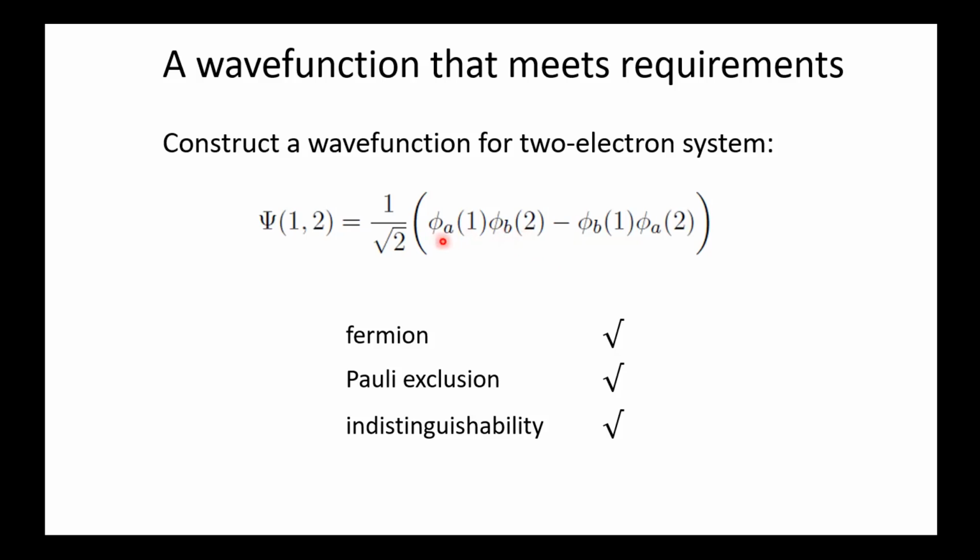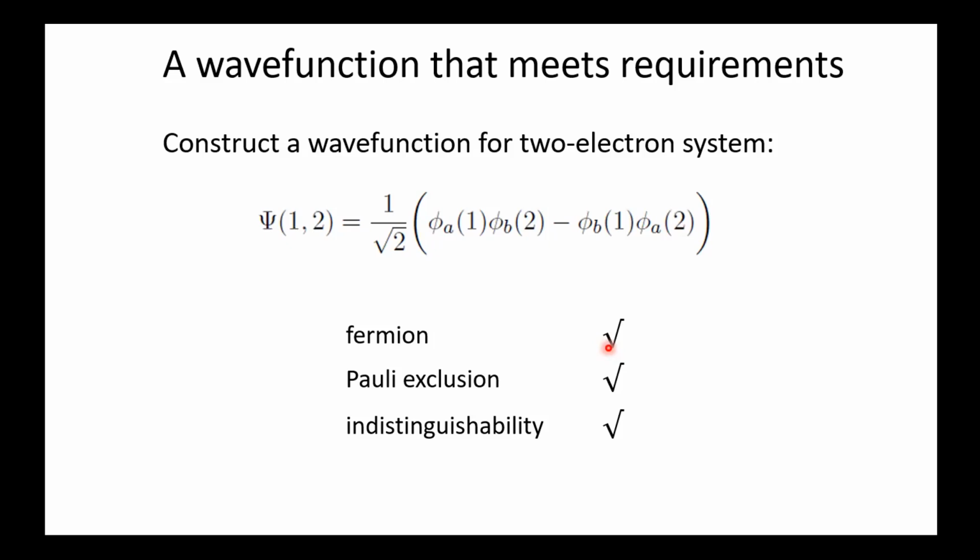A stands for the wave function of 1s, and B stands for the wave function of 2s. We see that these two terms are simply changing the sequence. But by using a linear combination of them, by doing a subtraction among them, we now can construct a wave function that really satisfies the physics requirements for the wave function.